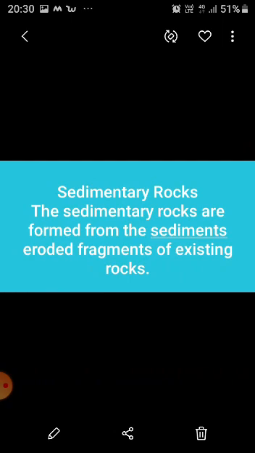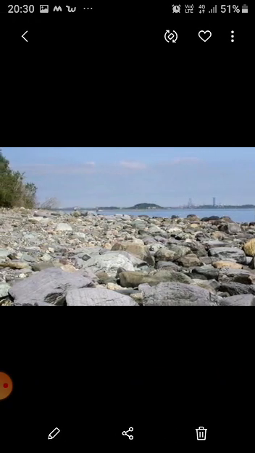Next come the sedimentary rocks. They are the second group of rocks. The sedimentary rocks are formed from sediments, and the word sediments means settling down. Now how are they formed? From the existing rocks. Natural forces like glaciers, wind, plants and animals break rocks into fragments.